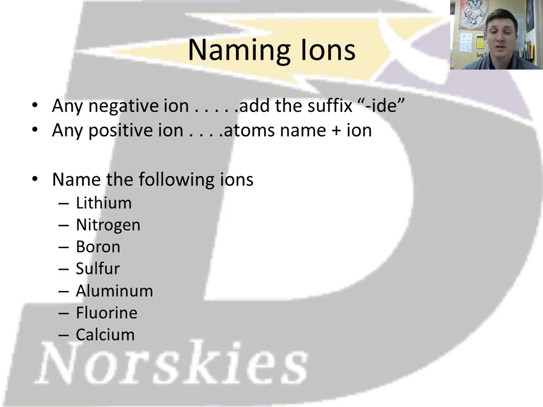So for example, lithium is basically a +1. That's going to be a positive ion, so I'm going to name it lithium ion. Fluoride is a -1. That would be the name. So those are your two examples that you can use to help you out with this. So try to name the rest of those ions on your own.